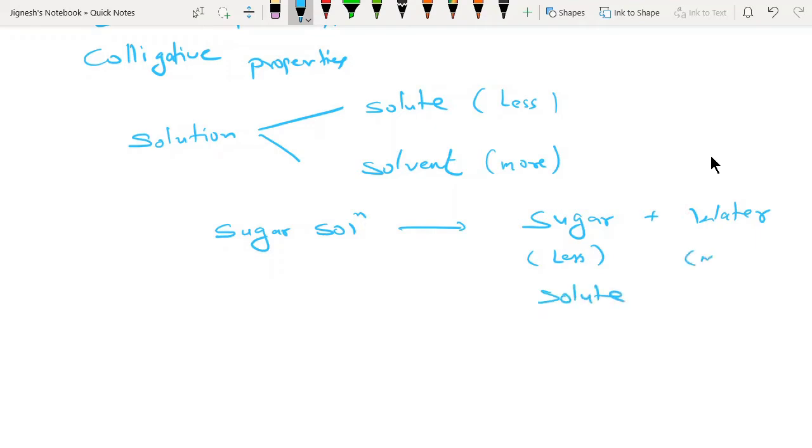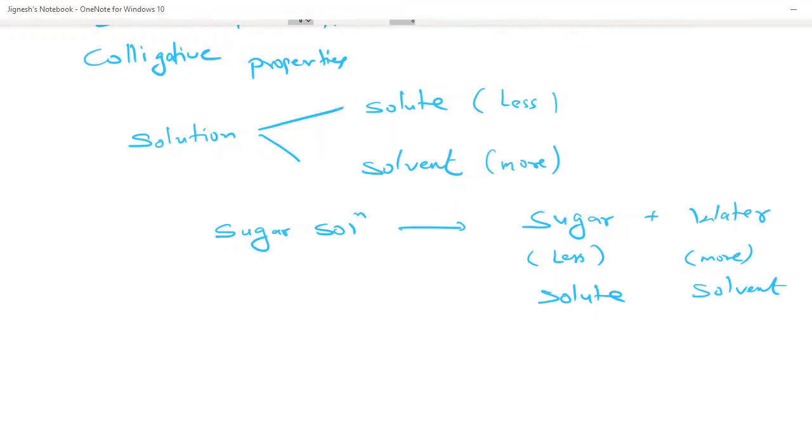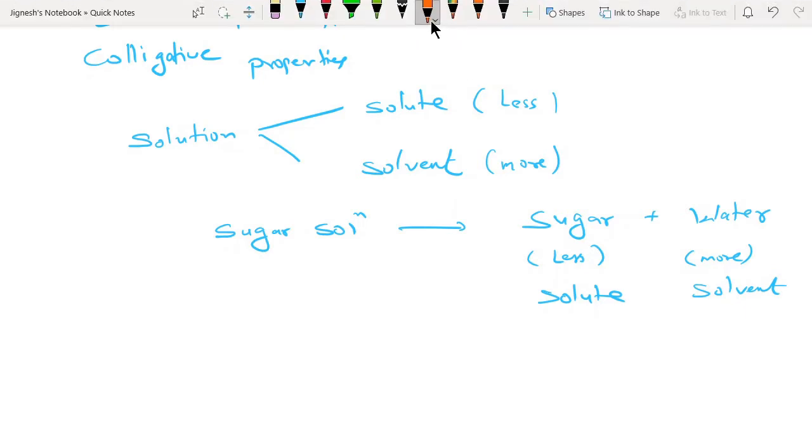This is water. We have taken a whole glass of water. This is more, so we will consider that as a solvent. Now, very interesting to understand this thing, keep it in your mind. In the whole chapter, we will use abbreviation capital B for solute and abbreviation capital A for solvent.